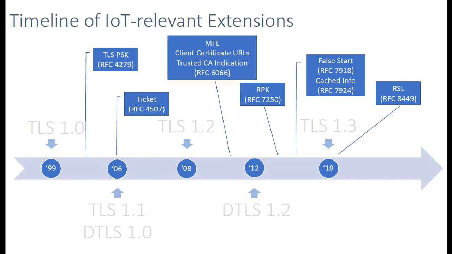Most security professionals look at the major releases of the specifications but ignore extensions. Many extensions have been published in the IETF TLS working group, and here are the most important extensions from an IoT point of view. TLS initially supported certificate-based authentication. Support for pre-shared secret-based authentication was added in 2005.